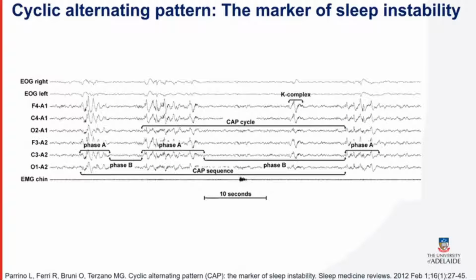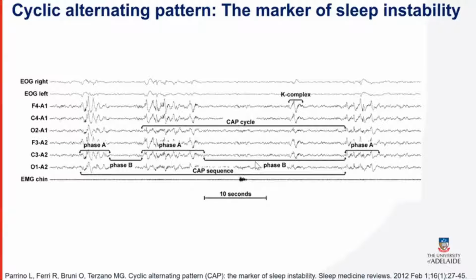Now, there are some nice illustrations. This is taken from a review from about 10 years ago. You see a couple of EEG channels, and you notice there are these bouts of activity as shown here. Terzano and co defined those bouts of activity as A phases, A-like activity, and they are separated by phases of background activity, shown here, also called B phases.